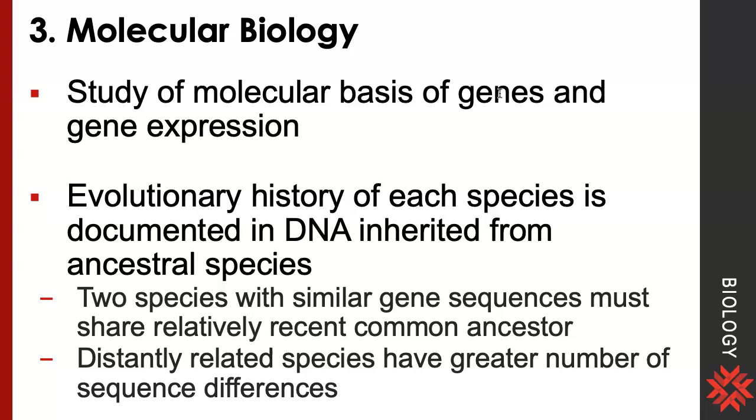Even bananas, we share 50% of our DNA with bananas or banana trees. So all of these forms of life look very different from one another, but they have the same molecular basis. They have very similar amounts of DNA, and the more DNA that these organisms have in common, the more closely related they are to one another.